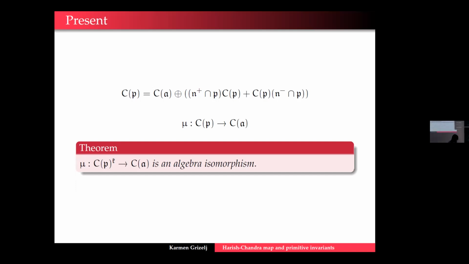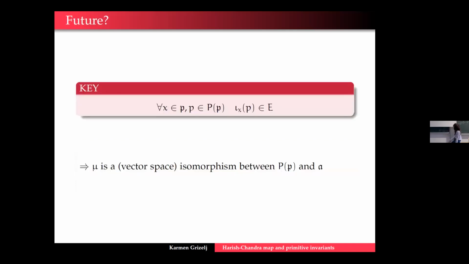So that's the first result. And as I mentioned, the hardest part is to prove that contractions end up in the image of alpha, which we are working on.